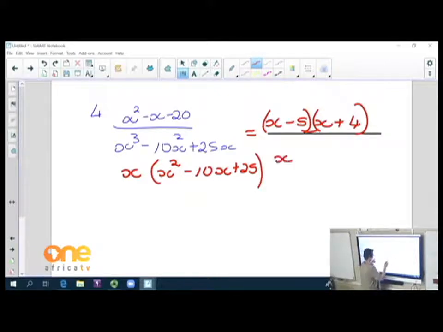So I'll keep that x, and now I need to factorize this trinomial. So it will be x and x. Which factors of 25 will give you a 10 when you add it? 5 and 5. Signs are equal, both will be negative. I need to use all those rules.